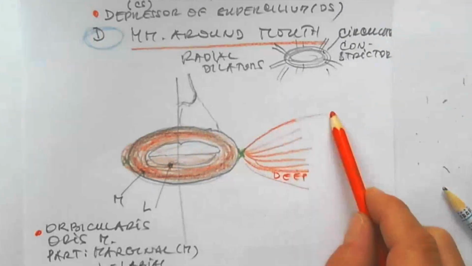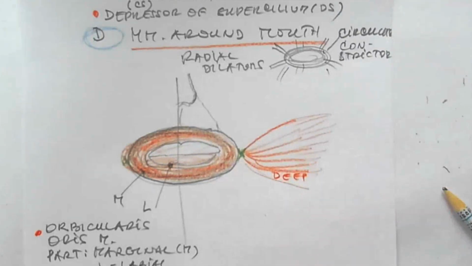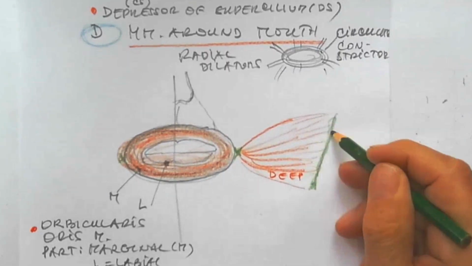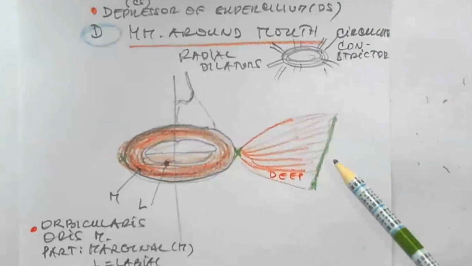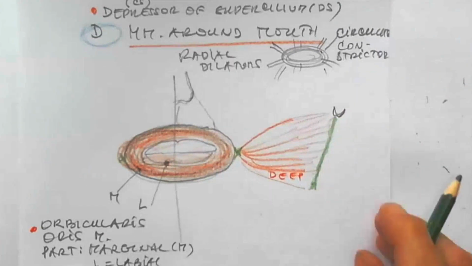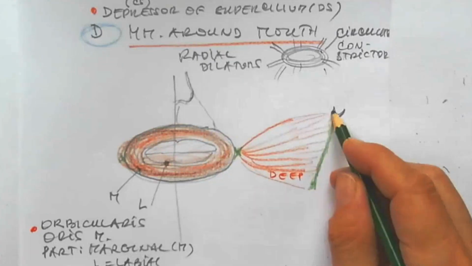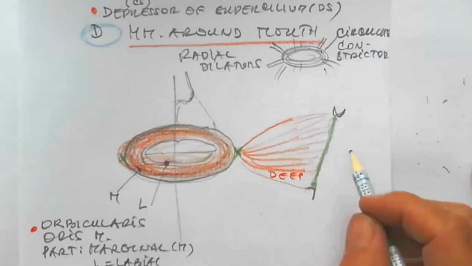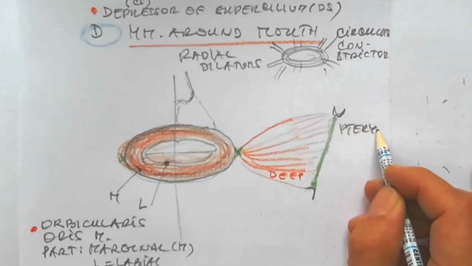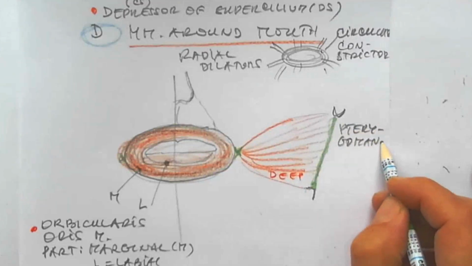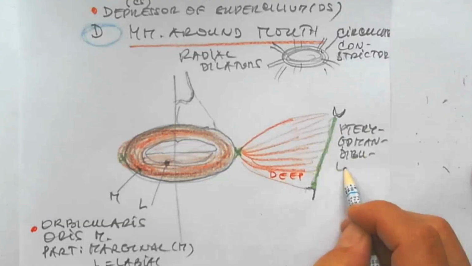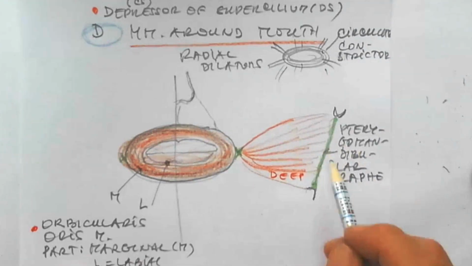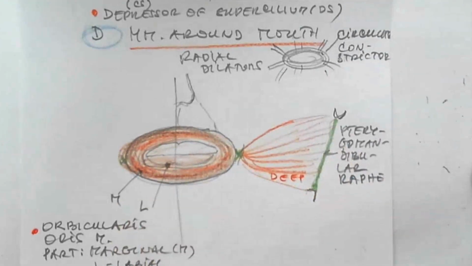Buccinator originates from the raphe, the dense connective tissue band originating from the pterygoid process of the sphenoid, and attached to the lingula of the mandible. We call it the pterygomandibular raphe, as a band.